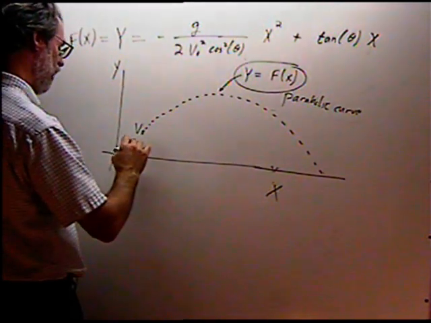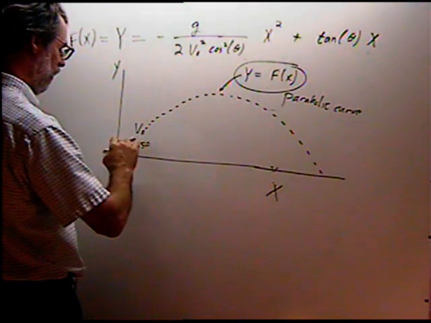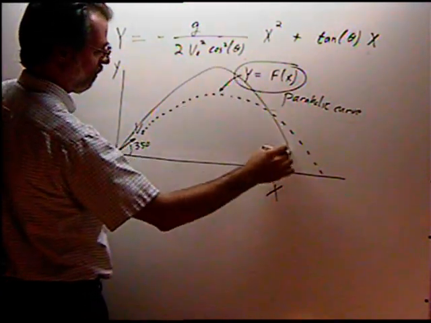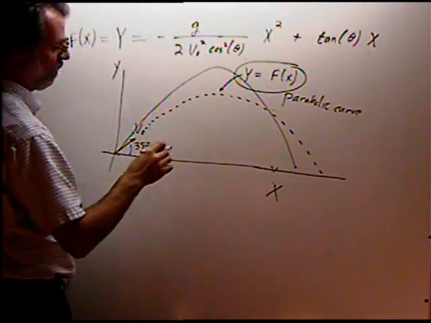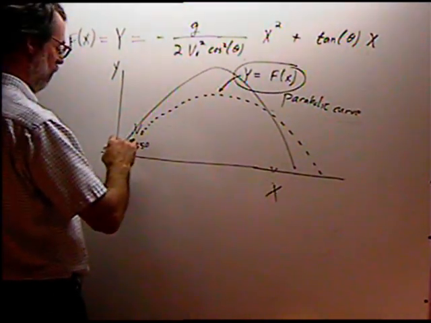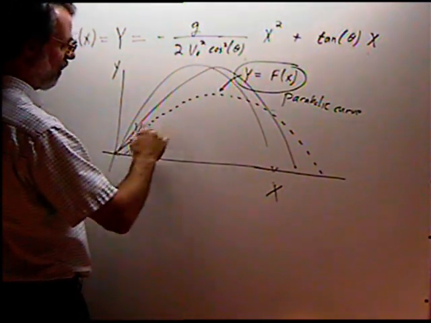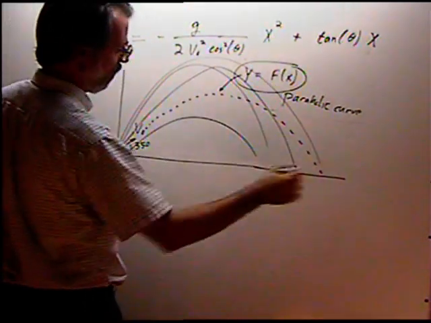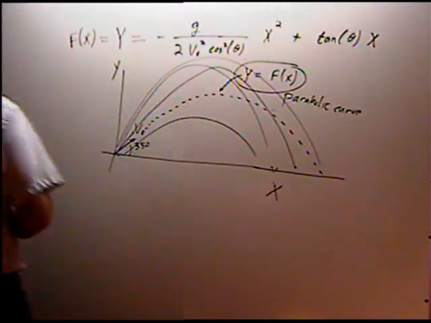This may be the angle for, let's say, 35 degrees. Then you plot another one for 45 degrees, and it may do something like that. And then plot one at 55 degrees. So I want you to have several plots. In fact, I want you to have all the plots on the same graph.